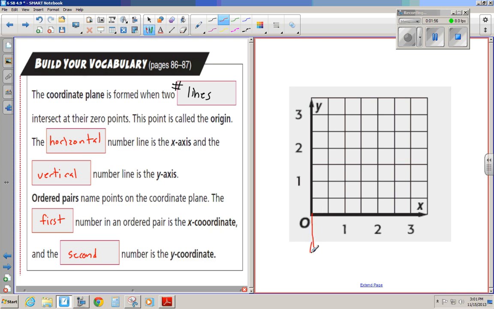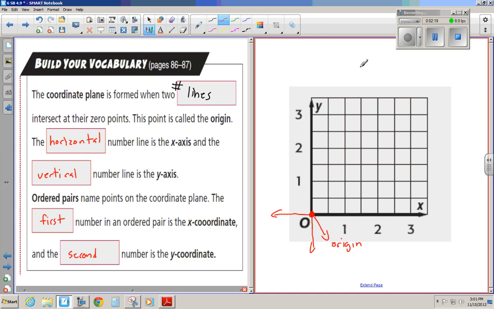Technically, this line continues in this direction, and this line continues in this direction. This point right here is the origin, and these are the x and the y's. This is the proper way of labeling a coordinate plane. You don't need the grids, but it would be helpful.